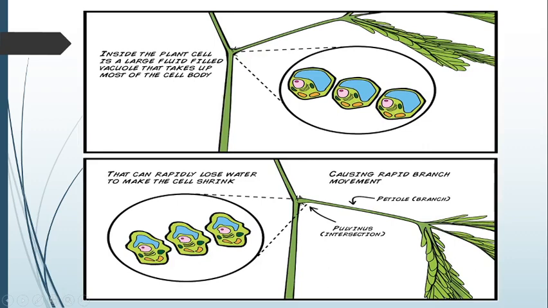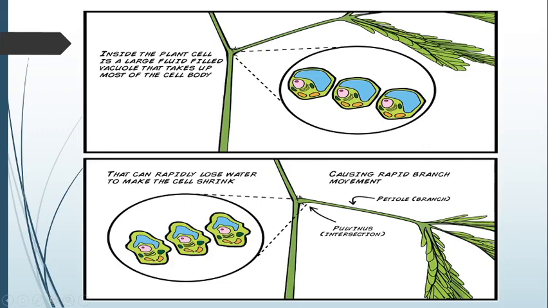When we touch the mimosa leaf, this water immediately goes out from these cells. It means a rapid loss of water creates shrinking of these cells. In the lower diagrams, you can see how these cells shrink.